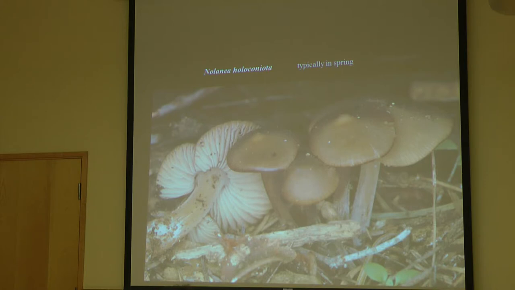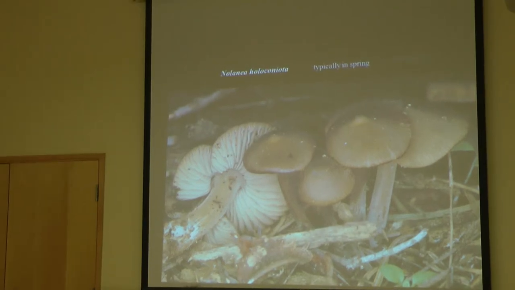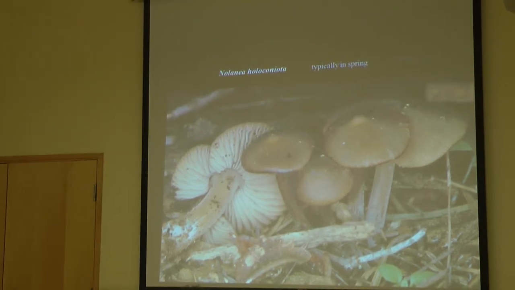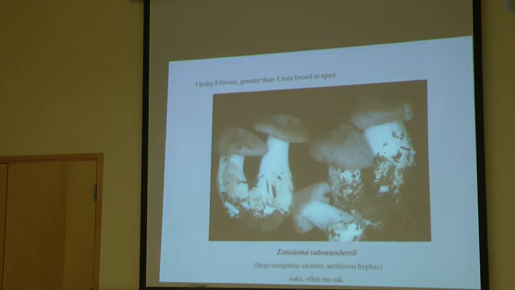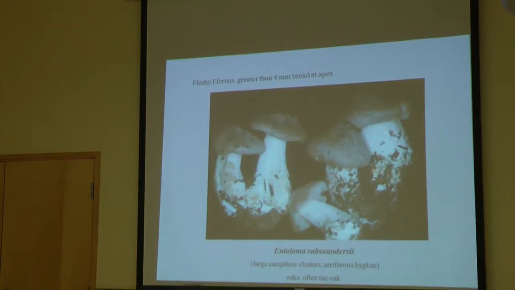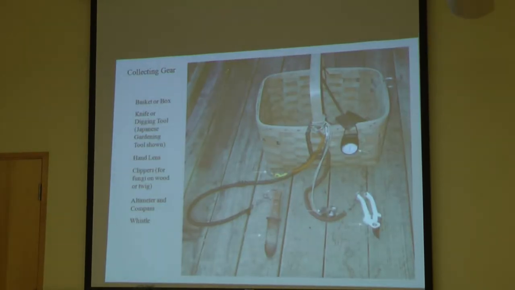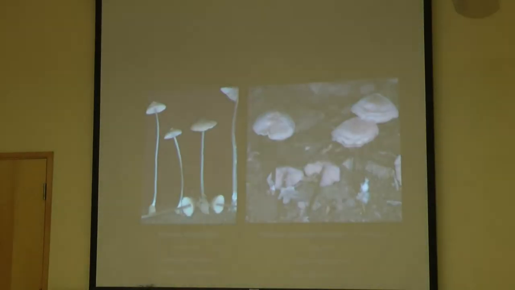And so these are fleshy fibrous, and it gets tricky when you get to little ones, which are called cartilaginous. So these are fleshy fibrous for sure, no doubt. The ones on the left are cartilaginous. And the only way I can really tell cartilaginous is to take the stipe and pull it apart, and if it comes apart in like strings, then that is cartilaginous. Can you think of a better way to explain that?